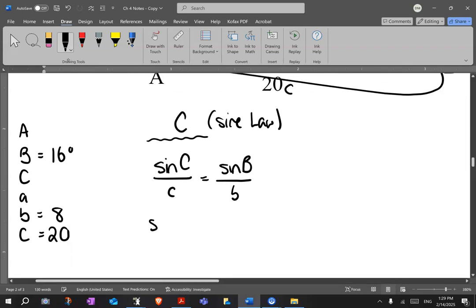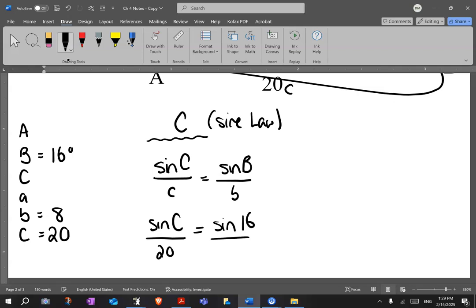Now sine of c, I don't know the c. The lowercase c is 20. Uppercase B is 16. And the lowercase b is 8. Now, if you had a calculator, you could put all this into your calculator. I'm going to use the table because with the sine law, I am forced to consider the two answers.